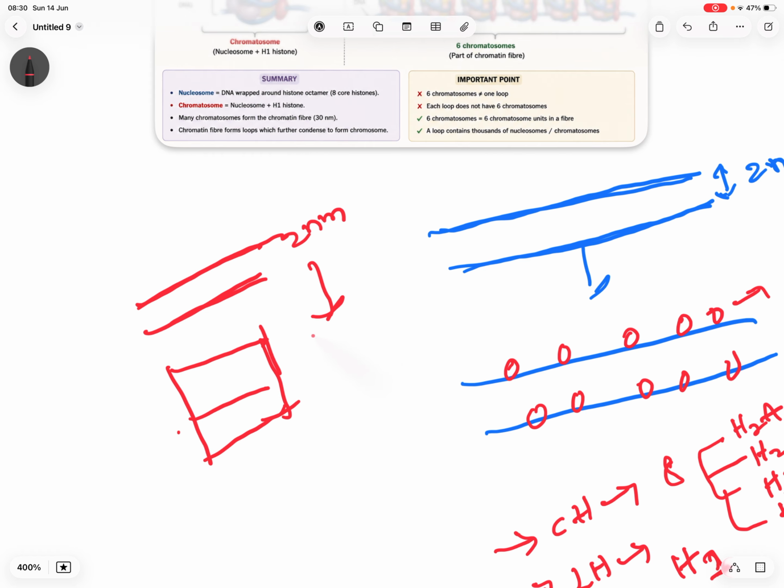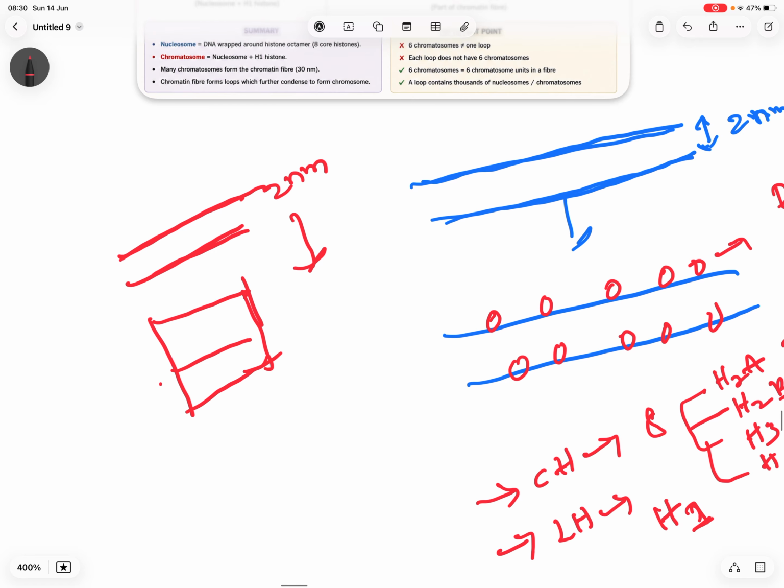Now we are going to see how the diameter of this molecule increases from its starting form to its final form. When this molecule undergoes changes, we observe changes in its thickness.